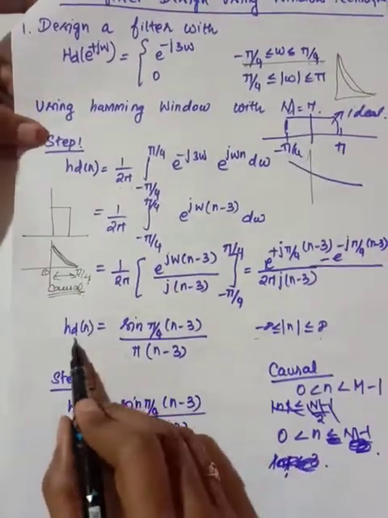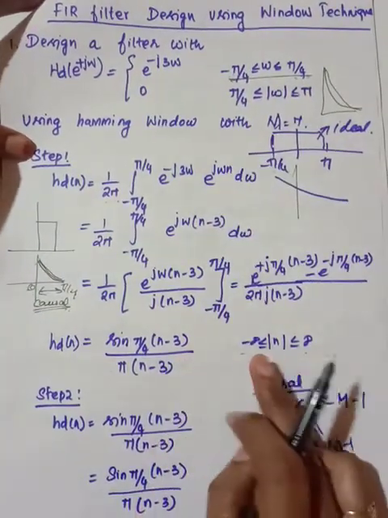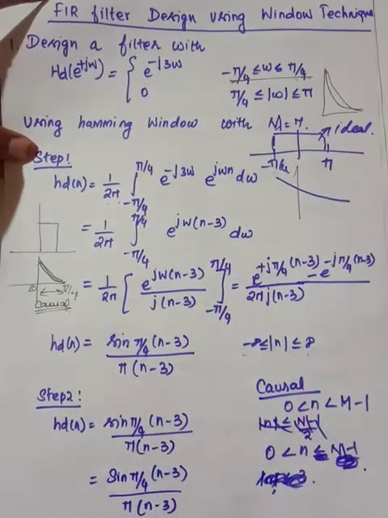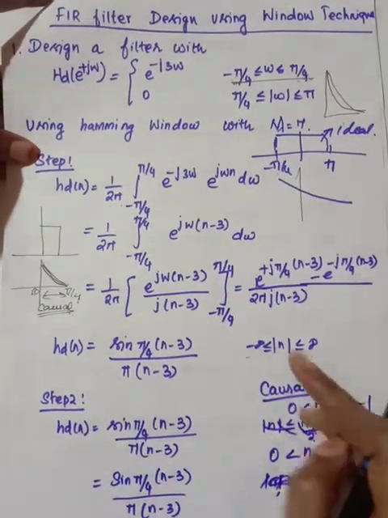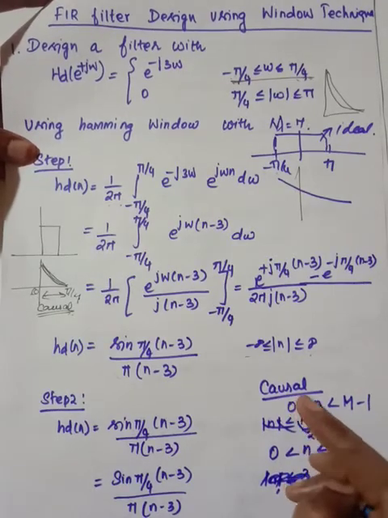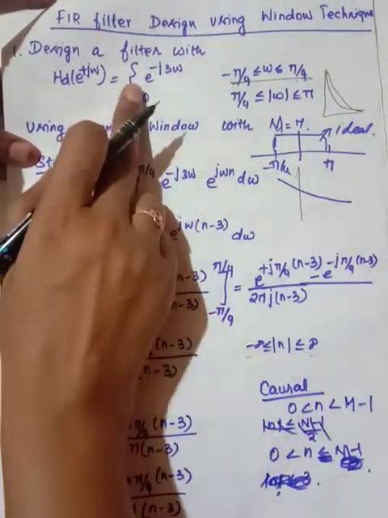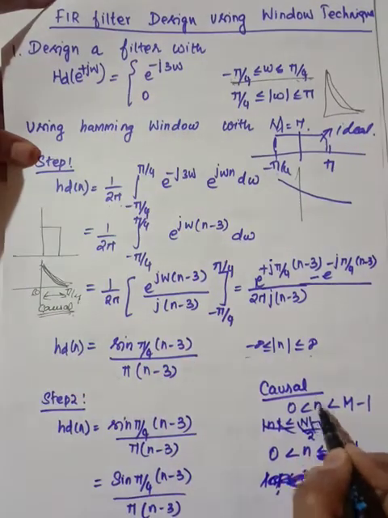Now I have found hd of n using the given procedure. Here it is from minus infinity to plus infinity. The next step is to truncate it. In that case we need to consider whether the given problem is causal or non-causal. The given problem lies in the causal range, so it is causal.